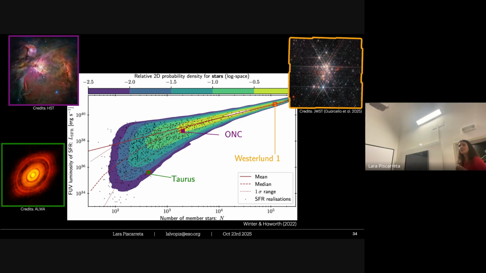And this is because we know that most stars are formed in these clustered environments, so in massive star-forming regions, and there's actually evidence that even the solar system might have formed in an environment that is similar to the extended part of the Orion Nebula Cluster. So we need these kinds of statistical surveys to get these studies into more representative environments. So this was also one of the main points of our work.